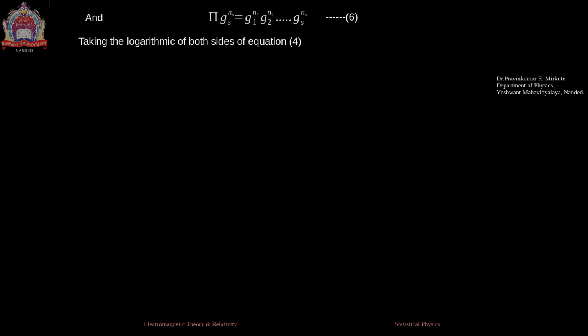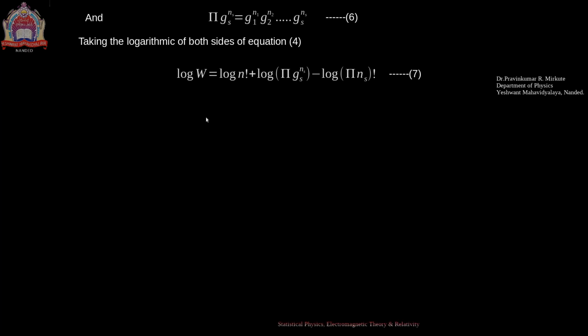And the product of gs raised to Ns is equal to g1 raised to N1, g2 raised to N2 up to gS raised to NS. Taking the logarithm on both sides of equation 4, that is the probability W equals N factorial divided by the product of Ns factorial into the product of gs raised to Ns, we get log W equals log N factorial plus log of the product of gs raised to Ns, this is the product of a priori probability, minus log of the product of Ns factorial.